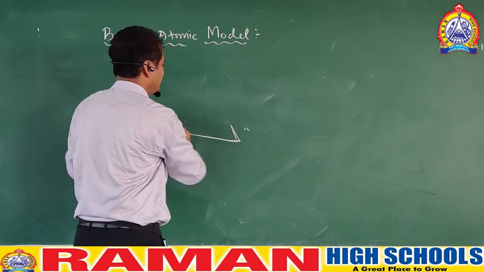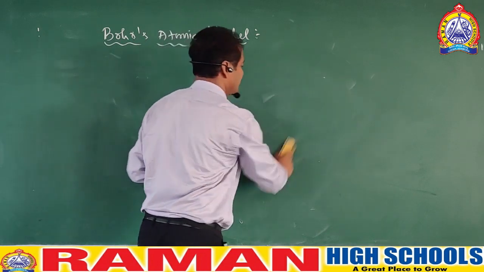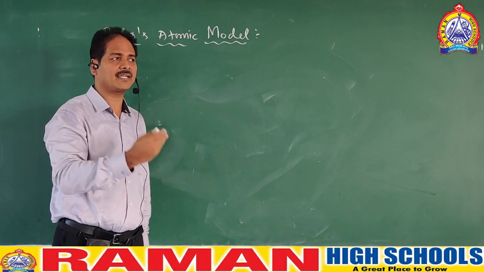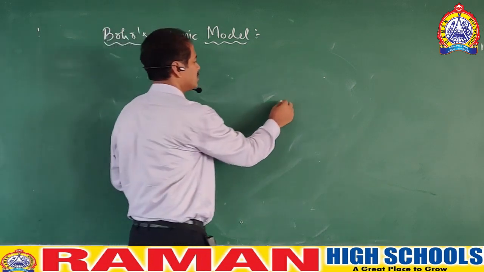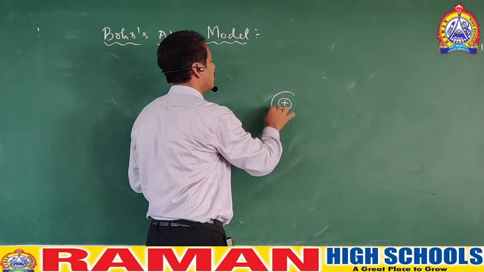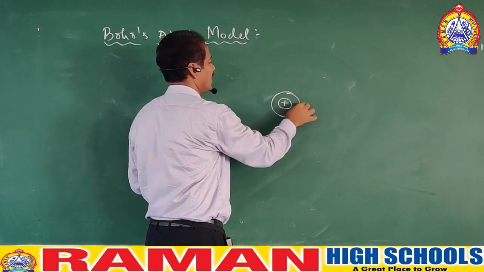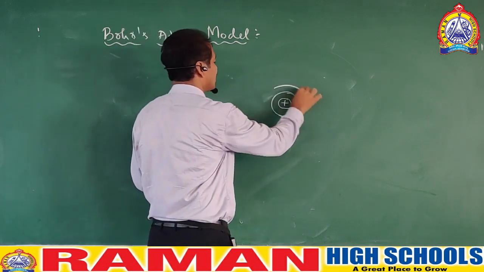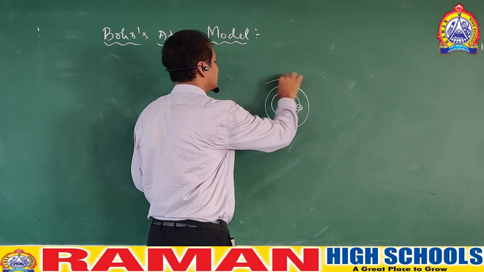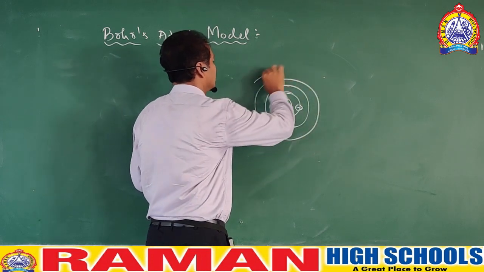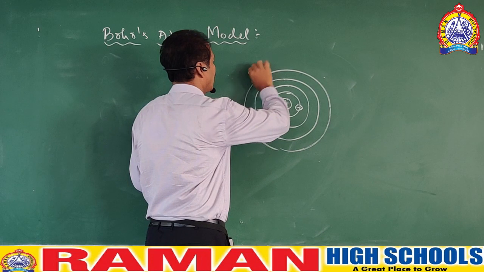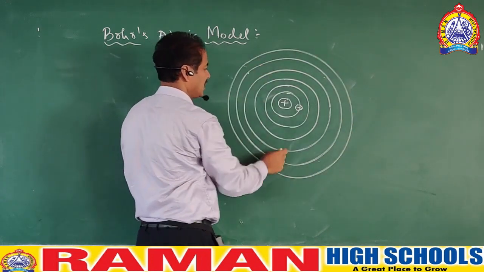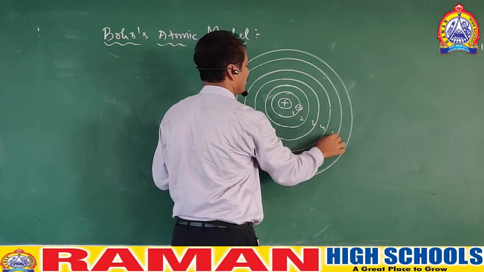Now when you see the spectrum, take hydrogen. Niels Bohr explained the spectrum by taking the hydrogen atom. Suppose the electron of hydrogen is in the first orbit. We supply energy to this electron, and when the energy is supplied, the electron jumps from a lower orbit to a higher orbit, say 2, 3, 4, 5, 6.